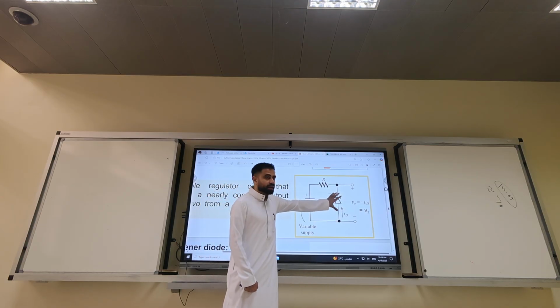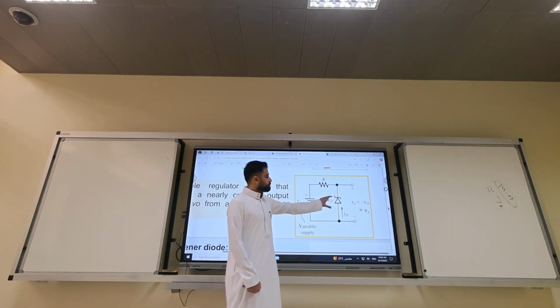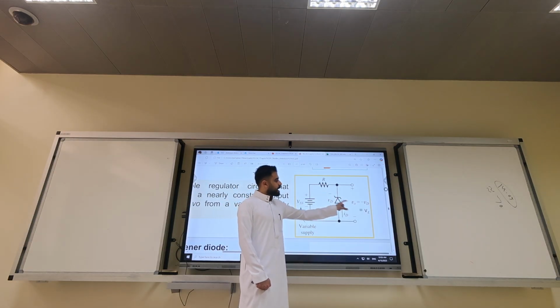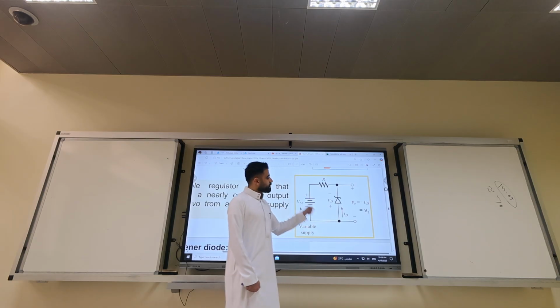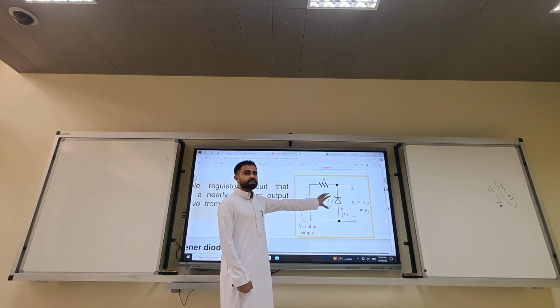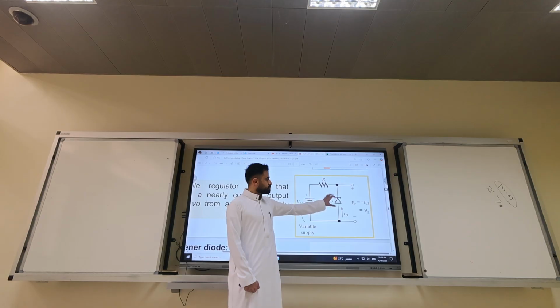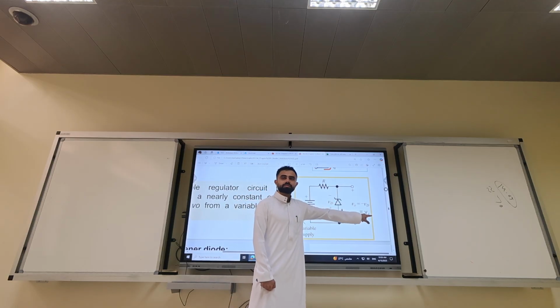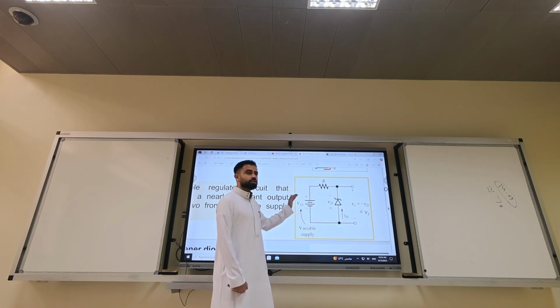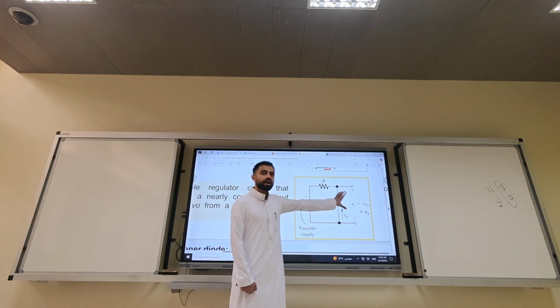Now, depending on the Zener diode, because it's connected this way, the output is negative of the diode voltage. If the breakdown is -2, so VZ will be +2. If the voltage is 2, the output is -2.